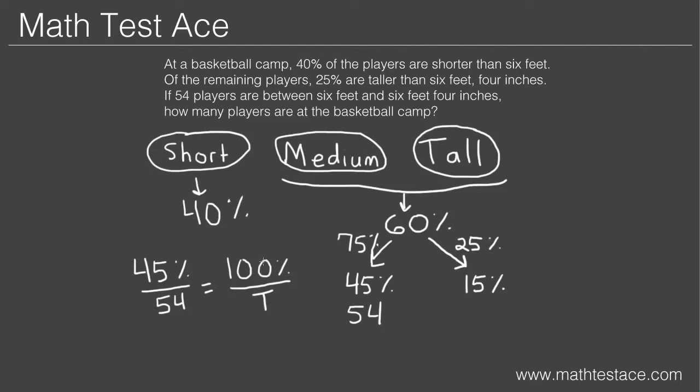We can multiply these terms together by cross multiplication. And if you go to MathTestAce.com, I'll put up an explanation later on about how we're doing this in case you don't know this technique or why we're using ratios here. But if we multiply these, we get 5,400%.